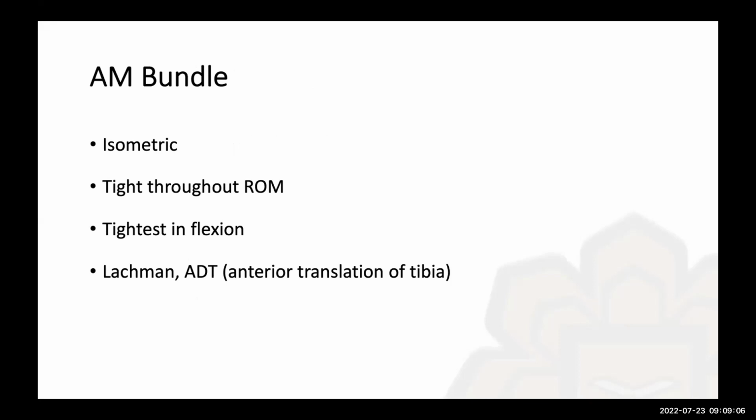You know our ligament is a viscoelastic material, so it should be able to stretch, lengthen and shorten, but the AM bundle is isometric and is actually tight throughout the range of motion, 0 to 140 degrees. It is always taut, but tightest in flexion. The specific tests for the AM bundle are the anterior drawer test and the Lachman test.